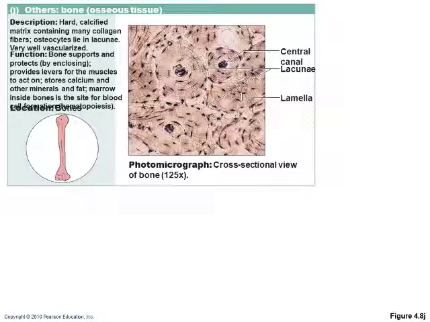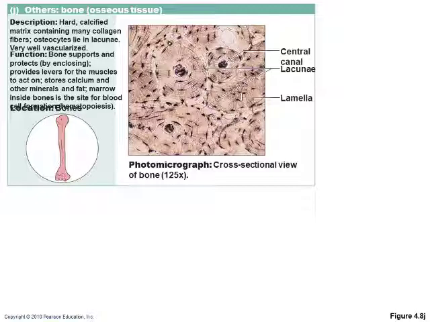Now we'll see the bone. This is the compact bone under the microscope. So how it looks like under the microscope. Bone consists of osteons. Very simple, you see here.